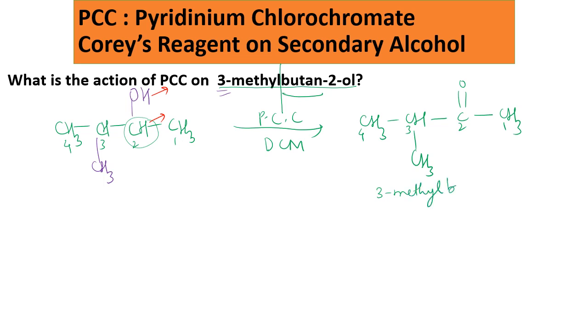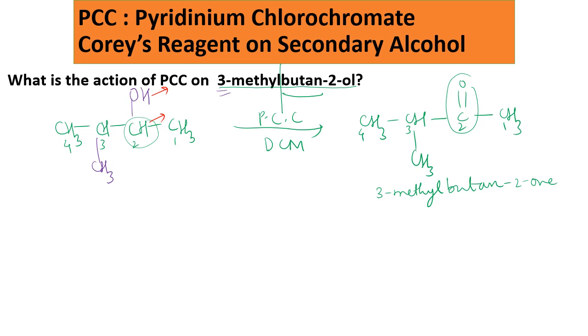A 4 carbon ketone, so butane, and that ketonic functionality is on the second carbon, so you will write butan-2-one. Please remember that if you are facing difficulty in writing the name, do refer to the first video again, practice some more, and then deal with these types of questions, and hopefully you will find it easier than before.